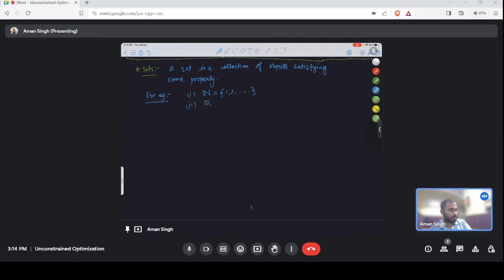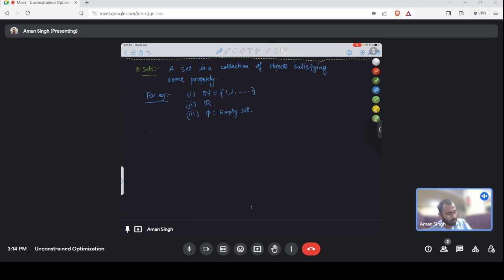The set of real numbers can be called a set. There is also something called the empty set, denoted by phi, which contains no element at all, no objects.